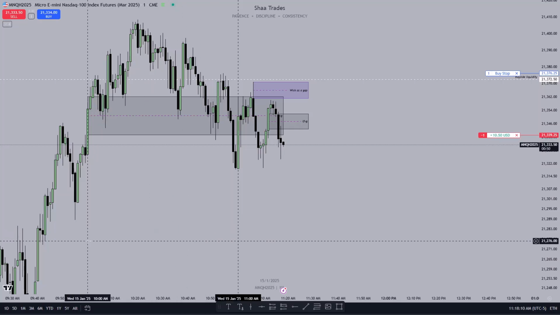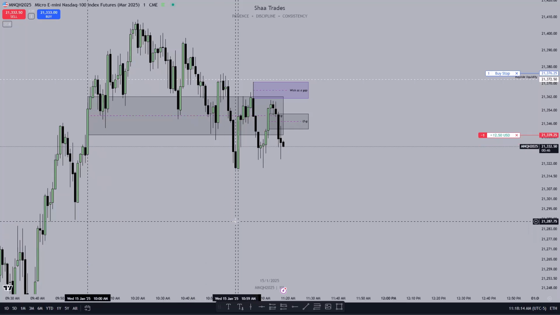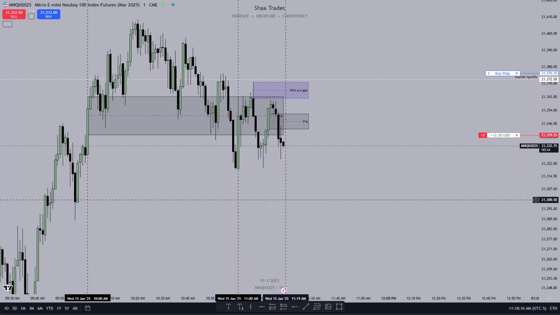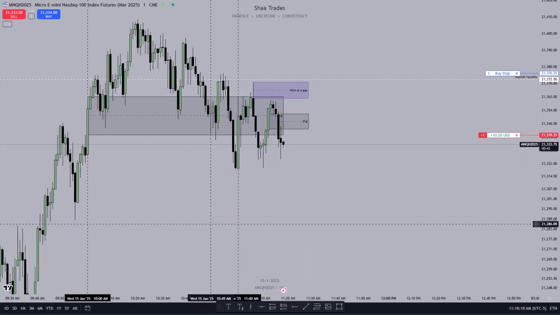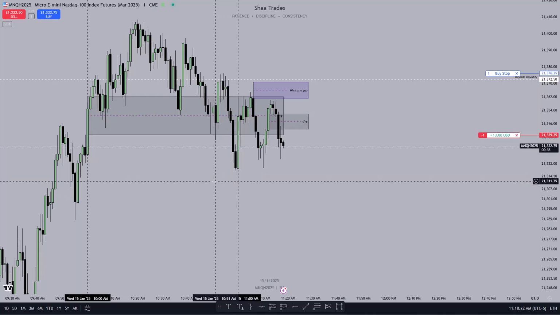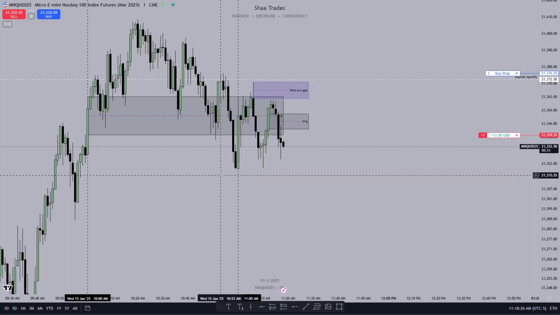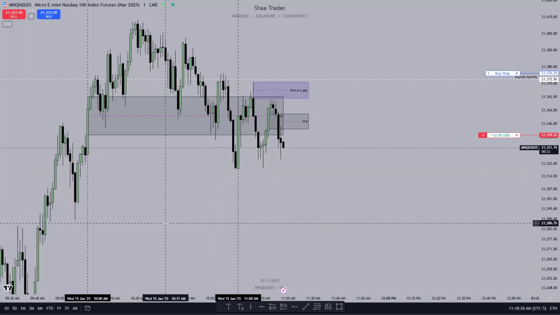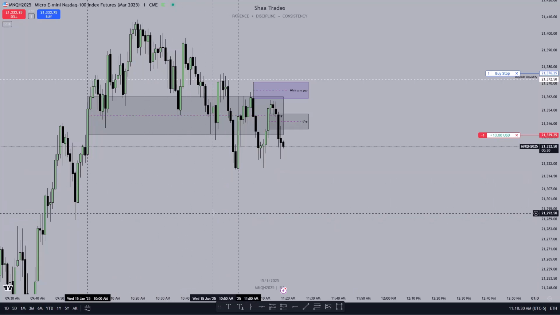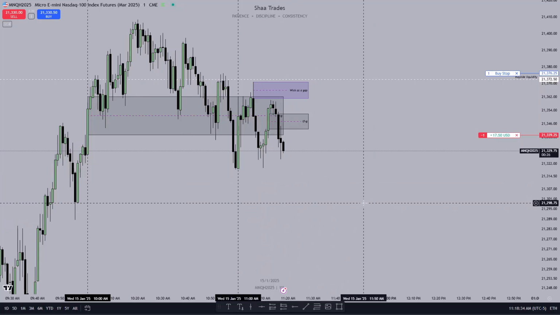Execution, for me, needs to happen between 10 and 11, but we could hold trades after that time. We don't have to. If price comes here, I'm not closing just because it's 11 o'clock. You could execute inside of the time window and then wait for price to do what it needs to do afterwards.